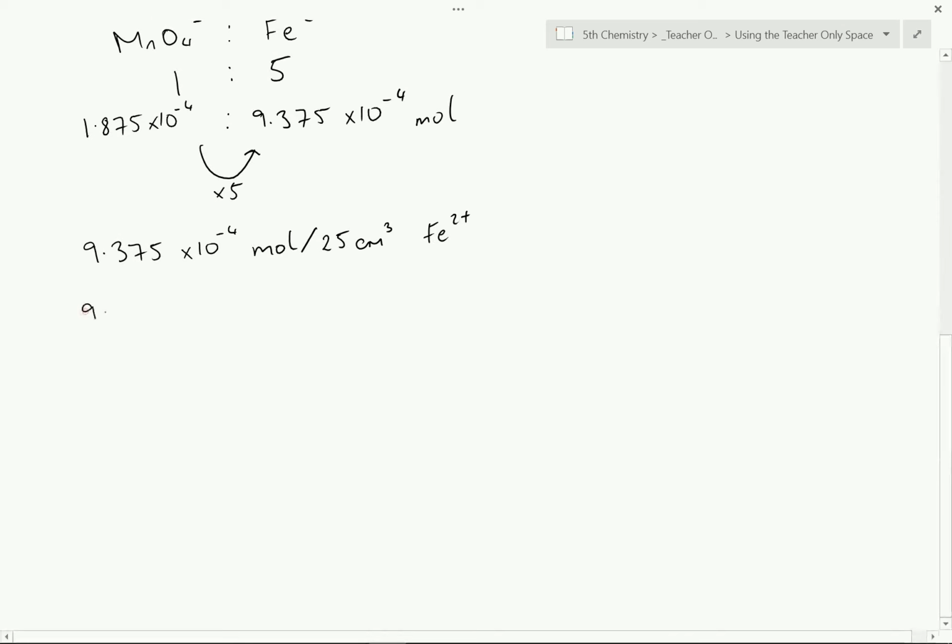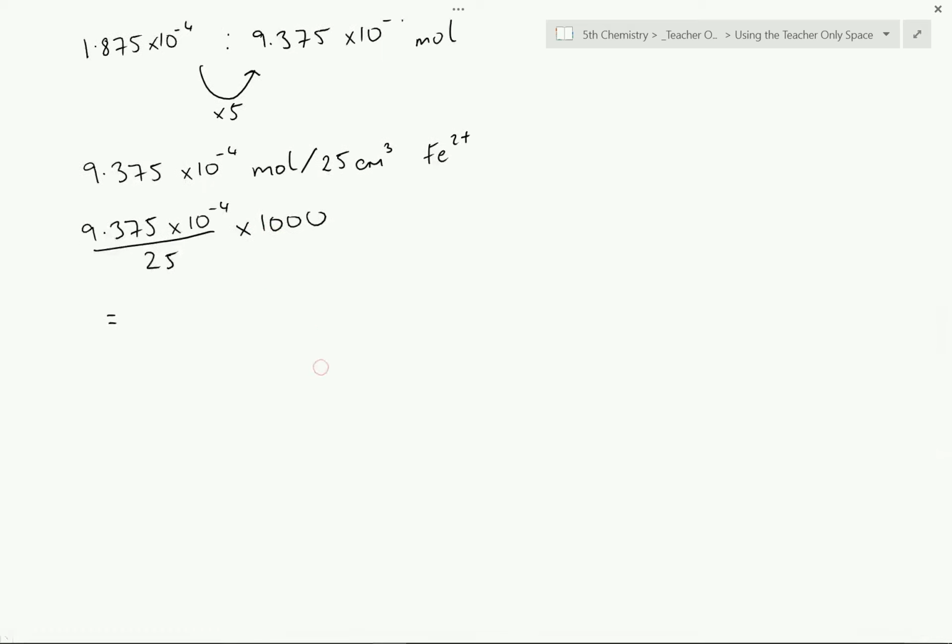So to convert that into moles per litre, I need to take my number here of moles, divide it by 25 and multiply it by 1000. And that gets 0.0375 moles per litre of the Fe2 plus solution.